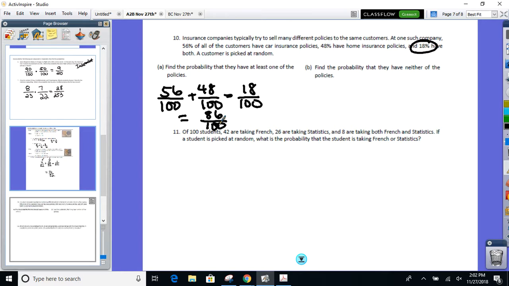You either have 1, 2, or 0, right? At least one means you have either one or both of them. So what's left over? You have none, neither. How can I find that probability if I know 86 out of 100 have at least one? Yep, I can take 100 out of 100 if you want to write it as a fraction minus the people who have at least one or two. And that'll tell me how many have none. About 14% of them have none. 14 out of 100.